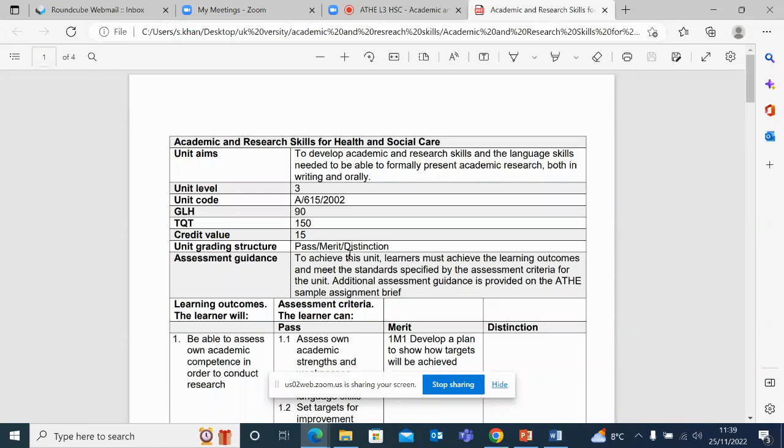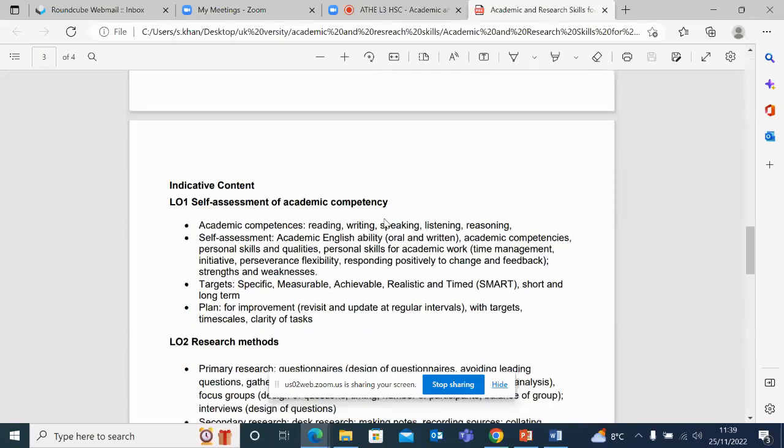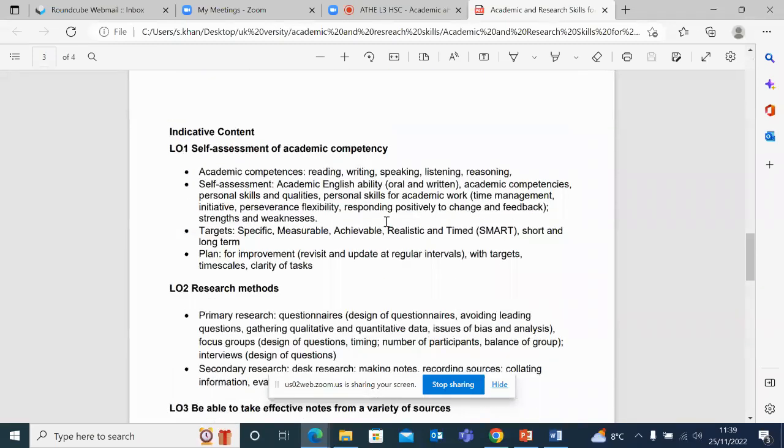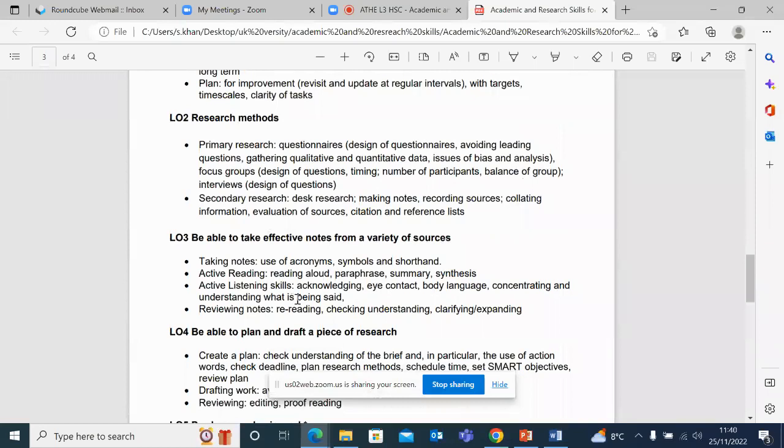So what we're looking at is any sort of academic research skills and language skills needed to be formally present in academic research, both writing and oral. On the indicative content, we're looking at self-assessment of academic competencies, like your English ability to write and read, research methods, primary and secondary research, and a variety of sources, like active learning, taking notes and reviewing notes.